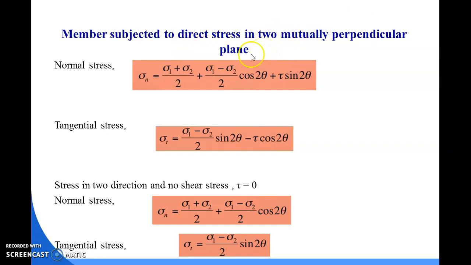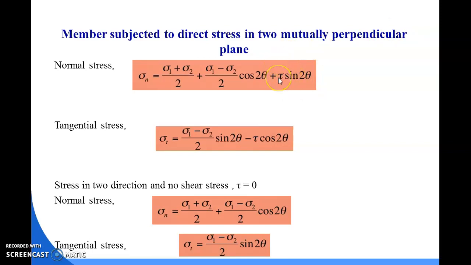We know that in the complex stress 2D system, we got the normal stress value like this, and the tangential stress value like this. But in this system, the tau is missing, that means tau is 0.